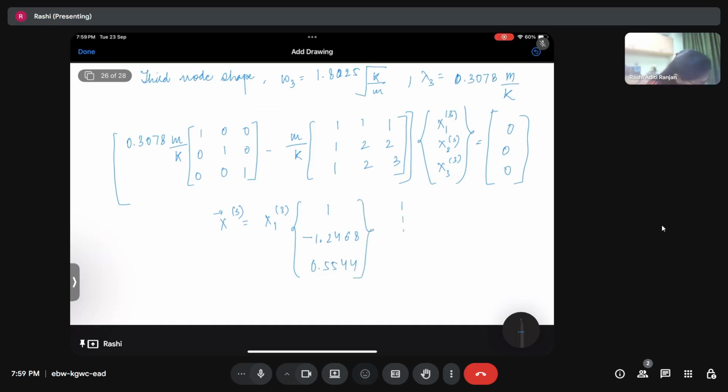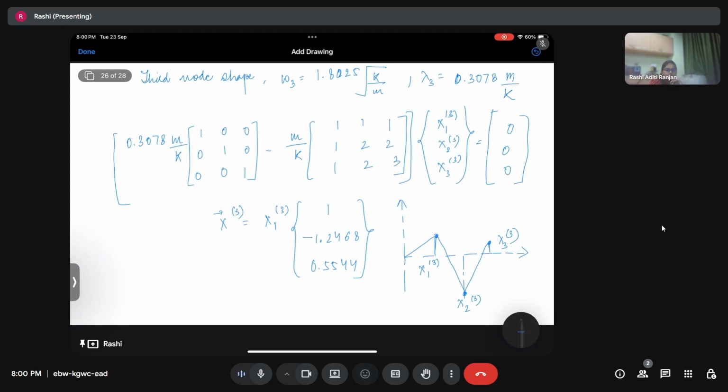So now if I try to plot it, this is the third mode shape corresponding to the third modal frequency or the third natural frequency, in which we can see that if the first mass is getting displaced by an amount x1 of 3, the second mass is going to get displaced by around more than 20% of amount extra, but in the negative direction.